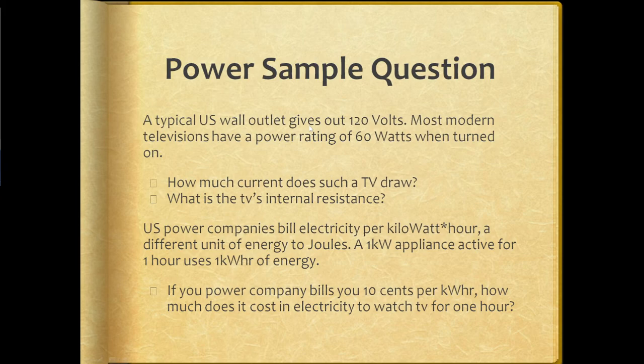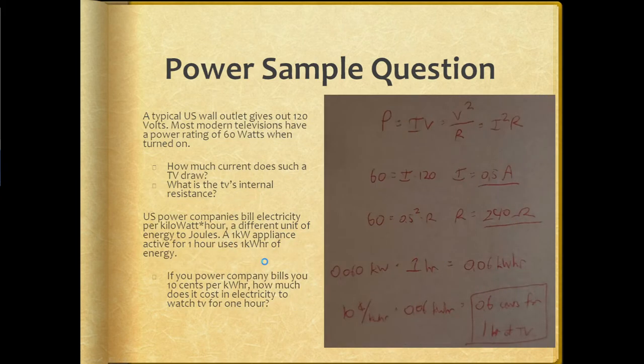If that television was treated as just a simple resistor in the circuit diagram of your house, what would its equivalent resistance be? What's the resistance of every piece of the TV added together when you run electricity through it? We'll focus on the second part of the question after we answer the first part. I'll put a dividing line between the first part's work and the second part's work.